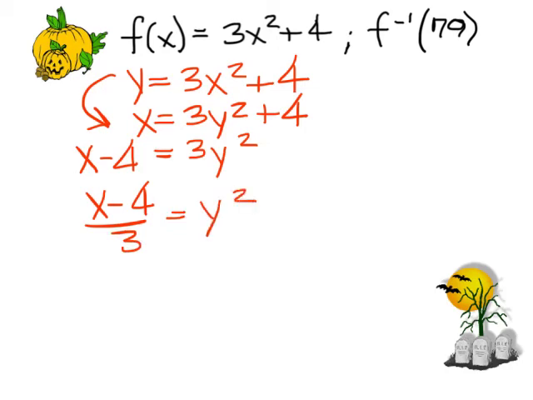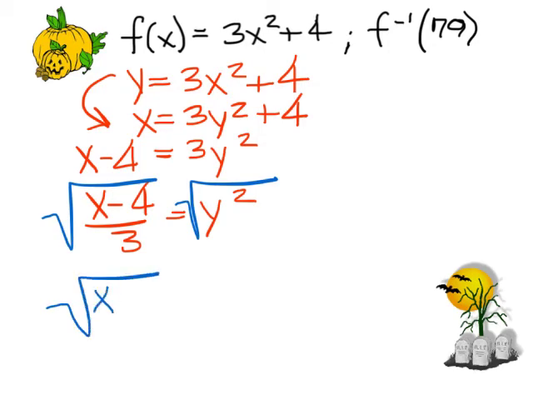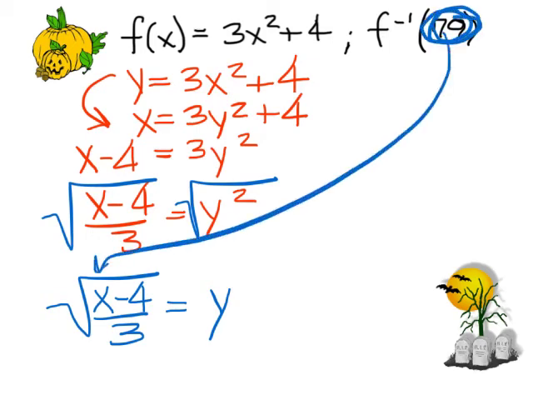We're left with a y squared. That can't work by itself, so we need the square root of both sides, like this and this. This will just stay the square root of x minus 4 over 3, but on the right, the square root of y squared is simply y. Now, you must plug in your 79 in for x.